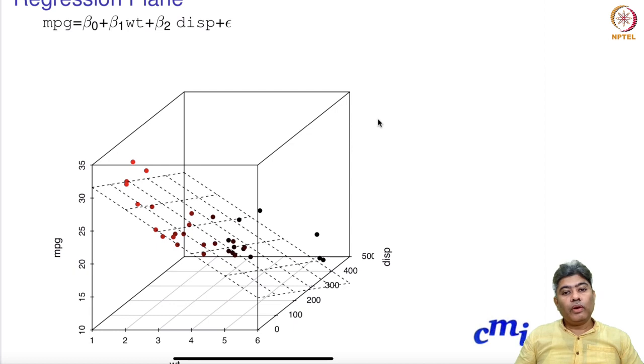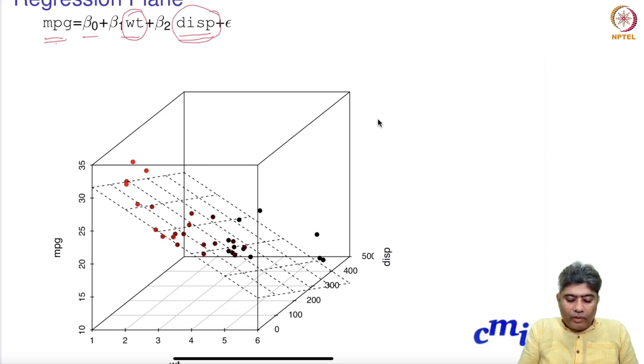Next, we already had beta naught plus beta 1 times weight. Now we are going to add a second independent variable. Miles per gallon is our target or dependent variable. The first independent variable that we considered in the model is weight, and the second independent variable we are going to consider is displacement.